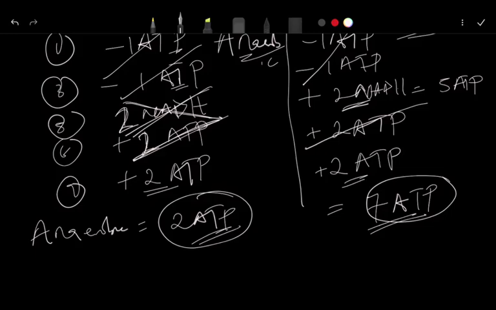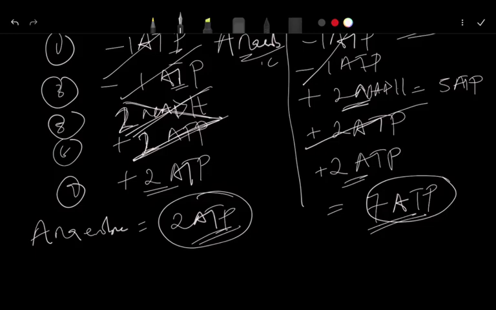In the next video, I'm going to highlight some key steps from glycolysis, some key substrates in glycolysis, some key shunts in glycolysis, and we will also talk about the regulation of glycolysis.